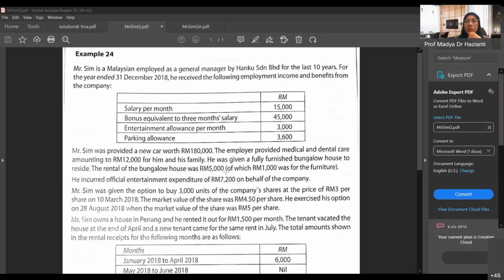Sebab rumah tu unfurnished is 4,000 lah. 5,000 rumah which include 1,000 furniture. So 5,000 minus 1 dapat 4,000 times dengan 12, 48,000. So untuk yang ni dapat berapa ni? 78,000 something, 78,300. So kita ambil lower figure. Lower figure is 48,000.